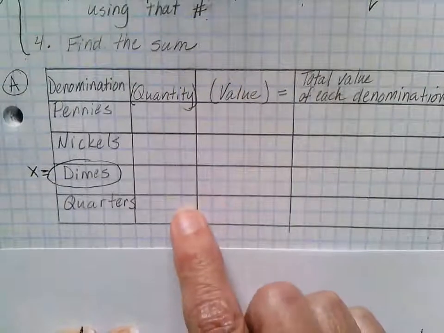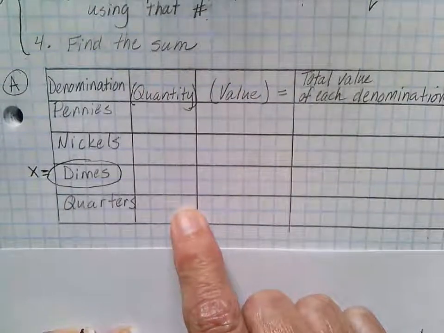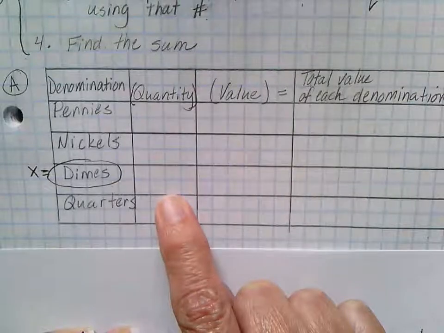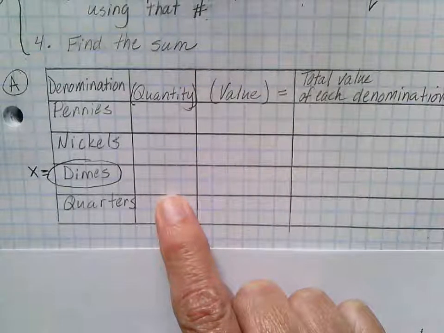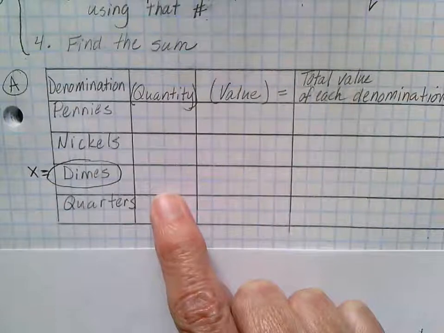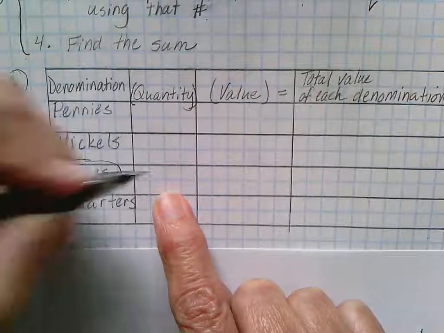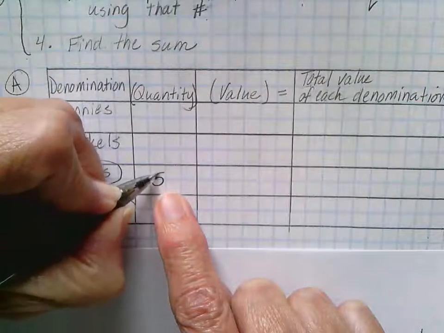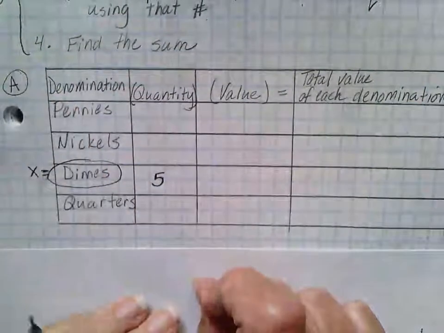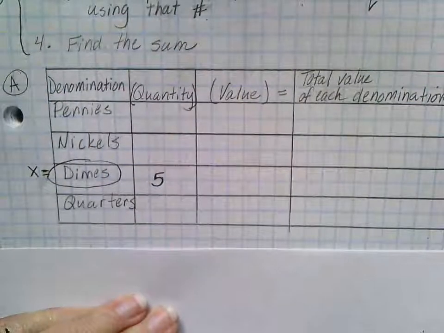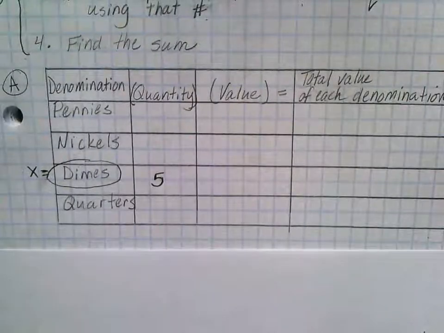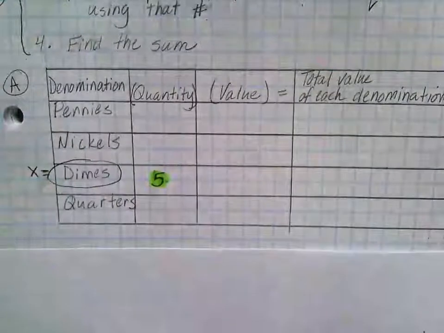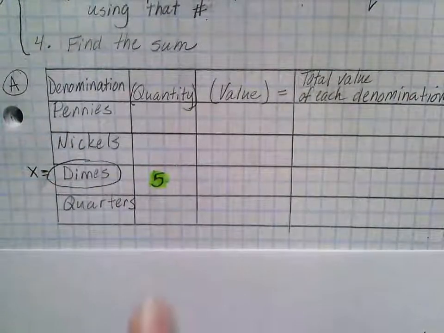You could choose a different one, but you need to make that determination. Now in this table, we're actually going to be using a number. So remember I said we're going to be working backwards. So in the end, people are going to find out that there are 5 dimes. And I'm going to highlight that number because everything else is going to be written in terms of that number.